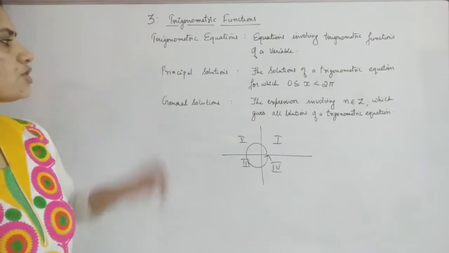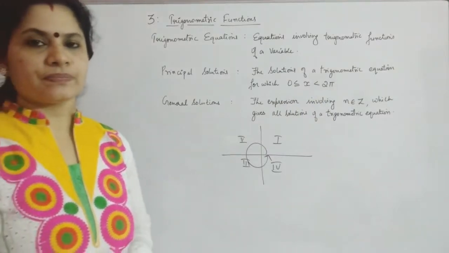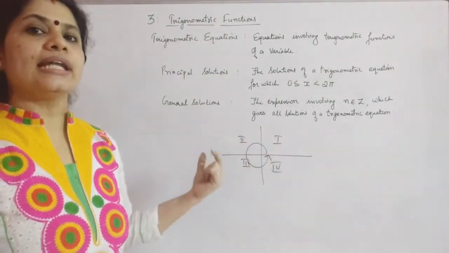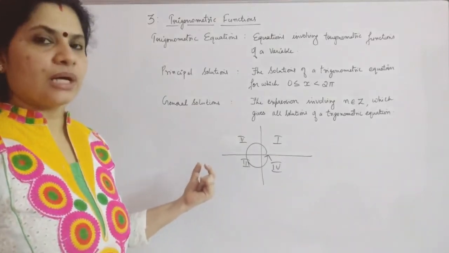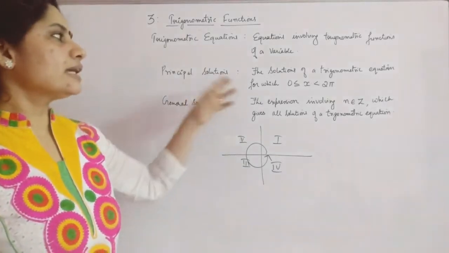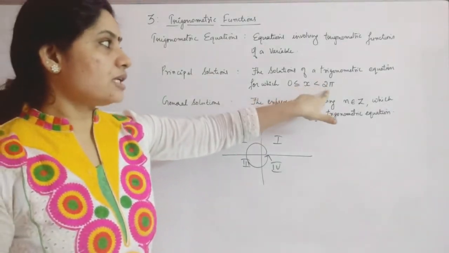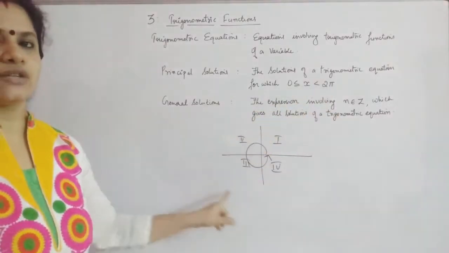Now when we talk about general solution, the expression will have n in the answer, that is x equal to whatever you are getting will contain n, that means integer. So replacing that n with 1, 2, 3 etc., you will get the principal solutions. Principal solutions are actually from 0 to 2 pi, but for general solution you can find out the repetition values also.